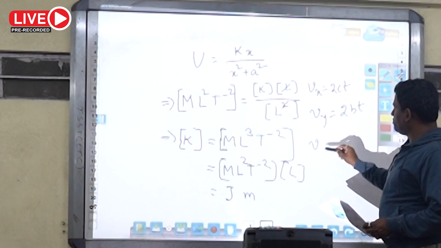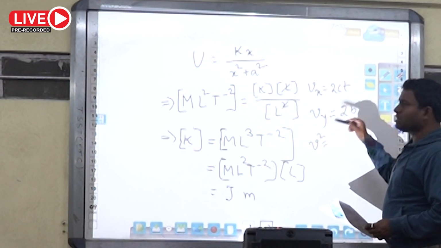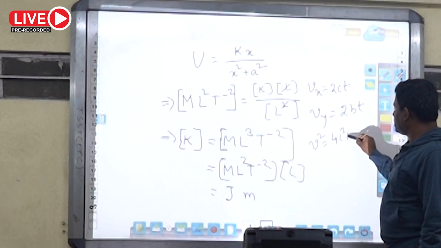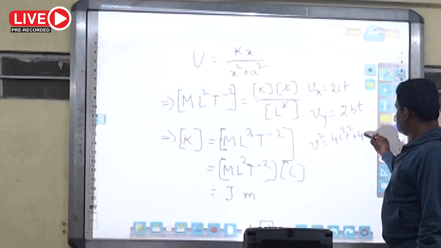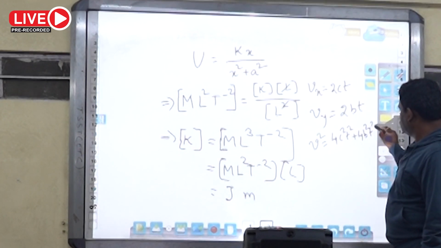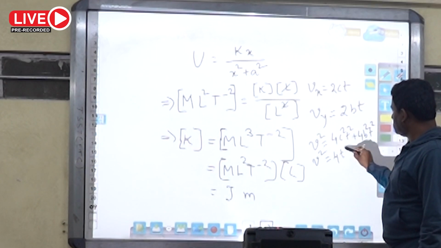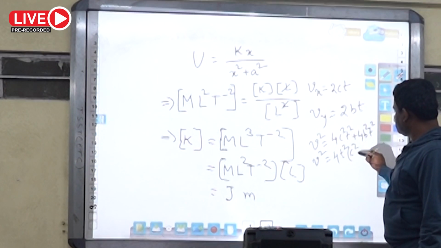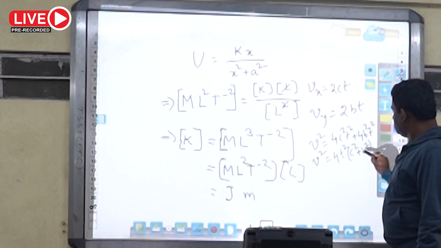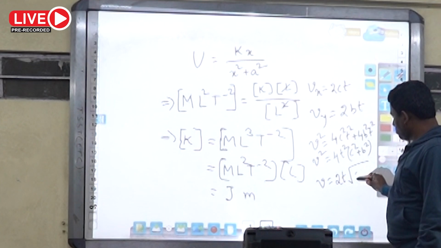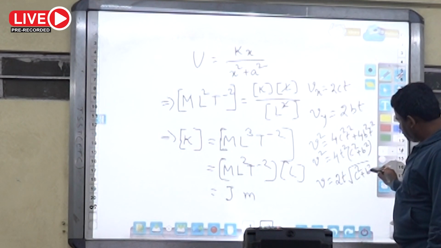Then V square equals Vx square plus Vy square, that is 4c square t square plus 4b square t square. Taking 4t square common, V equals 2t into root over c square plus b square.